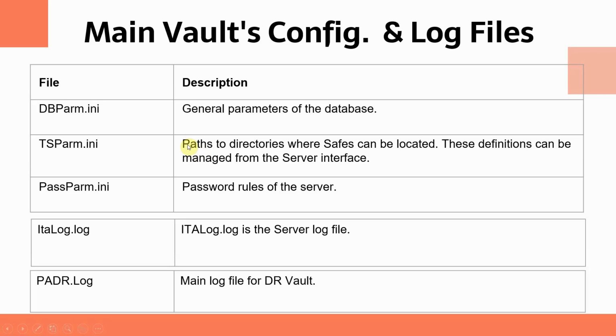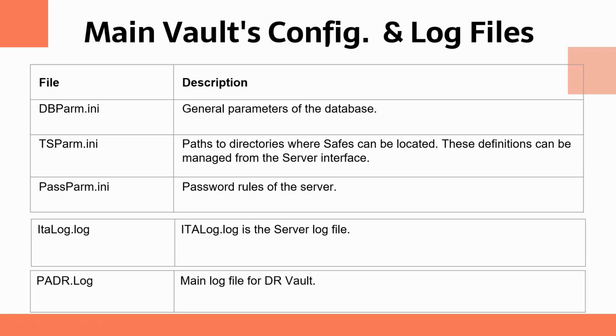And next is your passpalm.ini file. Let's suppose you want to rotate the password, or change the password of the inbuilt users of the vault, because there are many inbuilt users: your administrator, your master user, DR, backup, etc. Lots of inbuilt users get created when you install the vault.